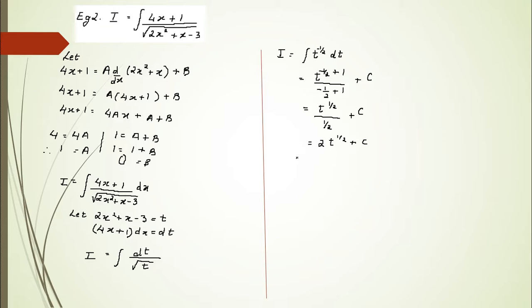Now putting the value of t, we'll get I is equal to 2 into 2x square plus x minus 3 whole to power of half plus c. Right? Now let us go to the next problem.